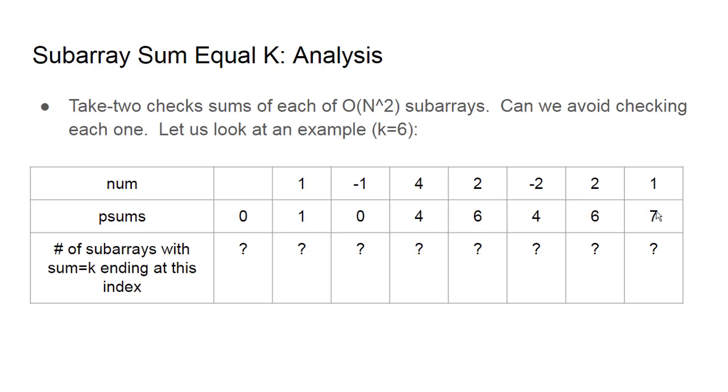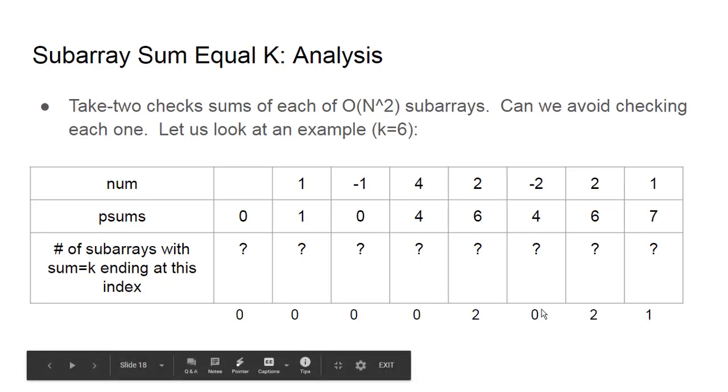The other subarrays that sum up to 6: ending here, there are two of them. One starts from the beginning, one starts from here. And also there's one ending at the last position, which is 7. And that's because 7 minus 1 is 6.